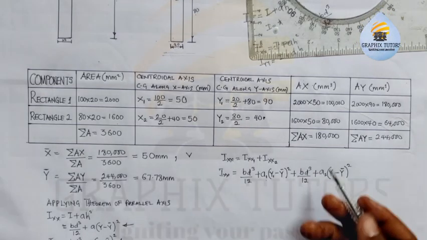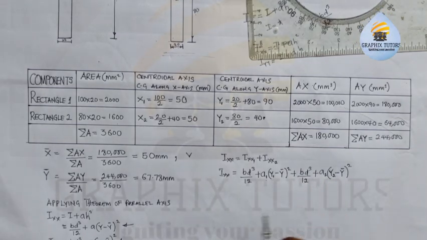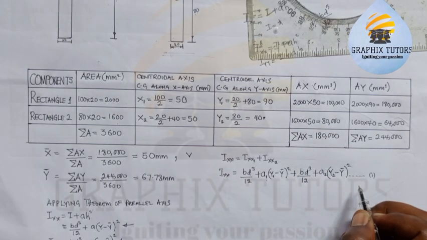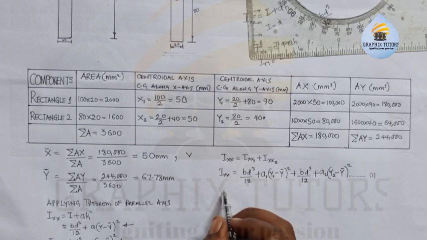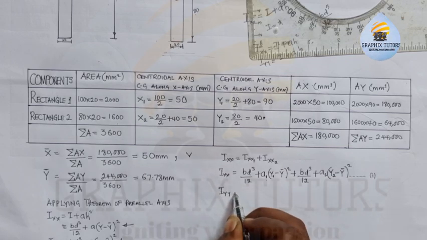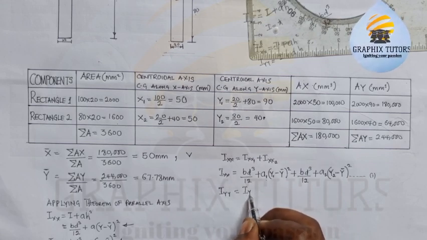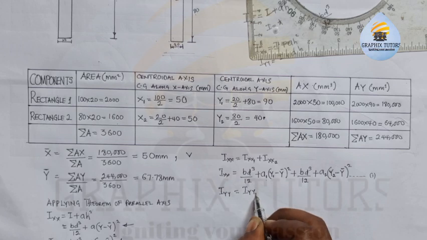So this is for IXX. Let me call this my equation 1 for IXX. Then for IYY, the moment of inertia along section YY, this will give me IYY1 plus IYY2.